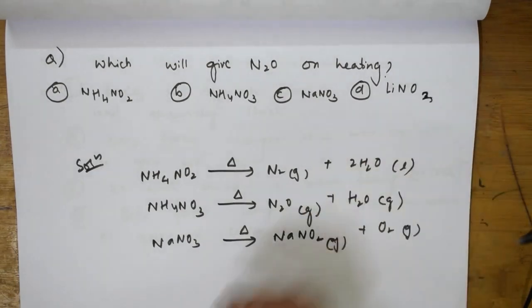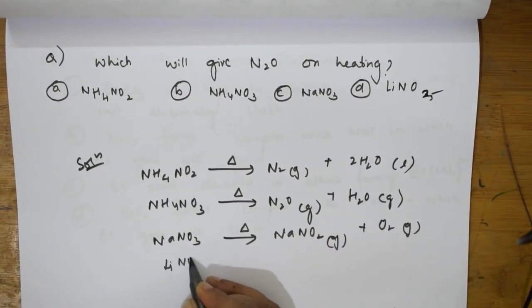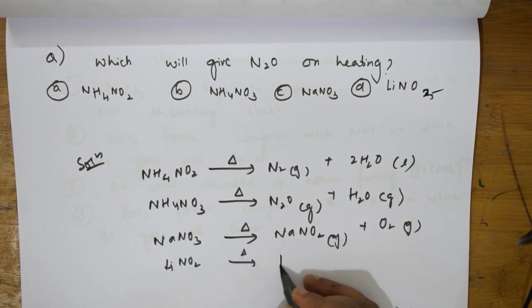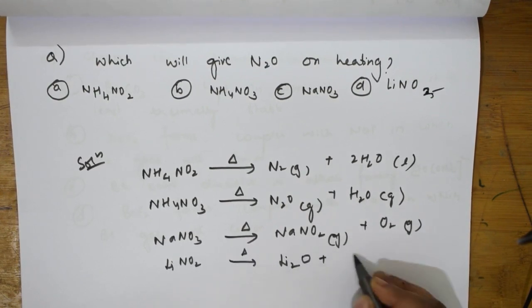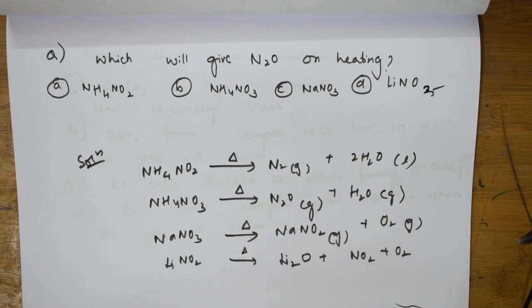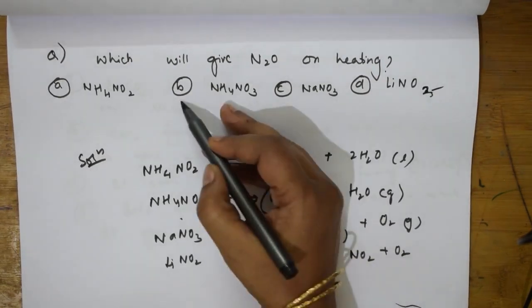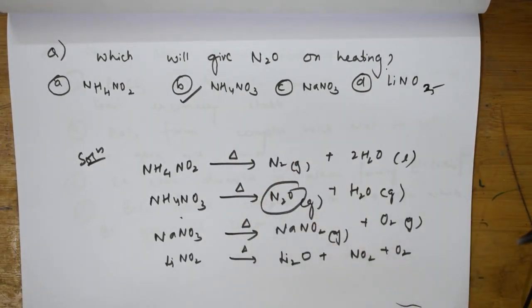If I have to speak about LiNO3, it breaks up on heating into Li2O plus NO2 plus oxygen. So the correct option is ammonium nitrate, which on heating gives N2O. This is the correct option according to the equations.